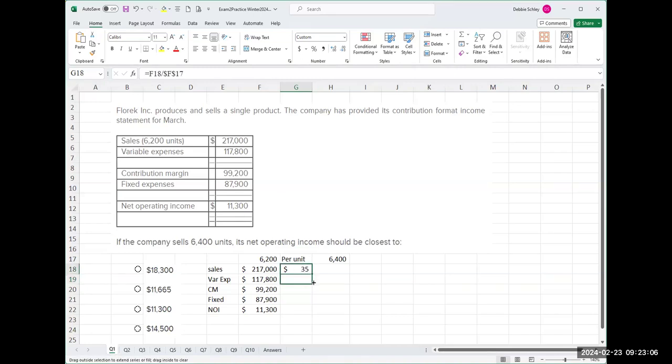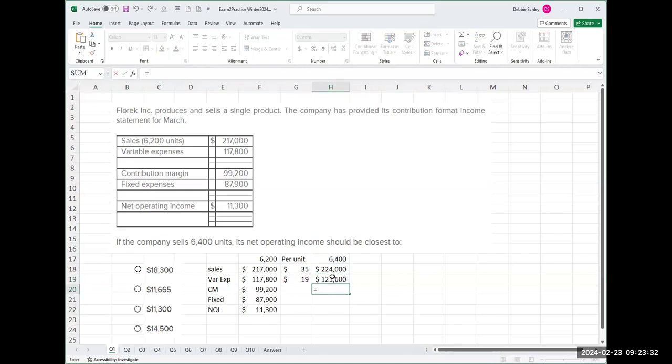And then I'm going to drag that down and figure out my variable is 19. So I can now figure out 6,400, which I'm also going to anchor, times my selling price gives me my new total sales. And then drag that down, and that gives me my new total variable.